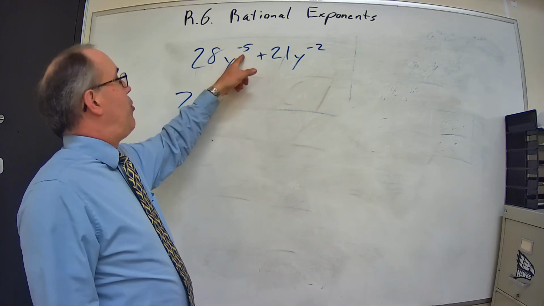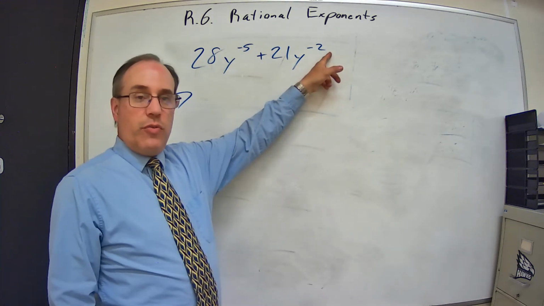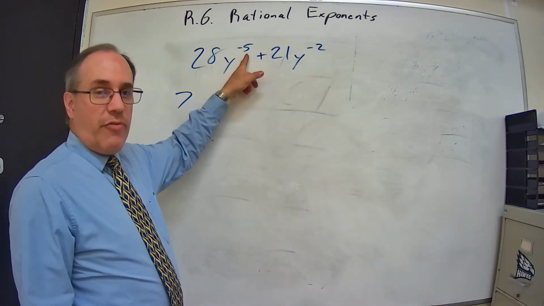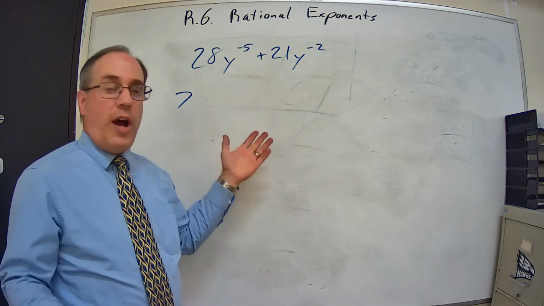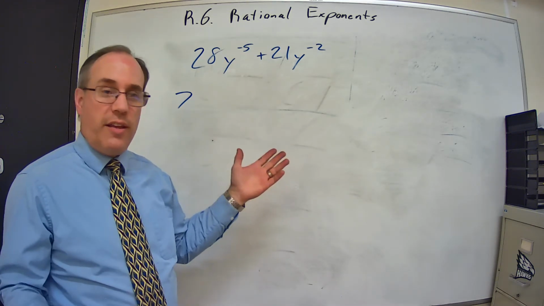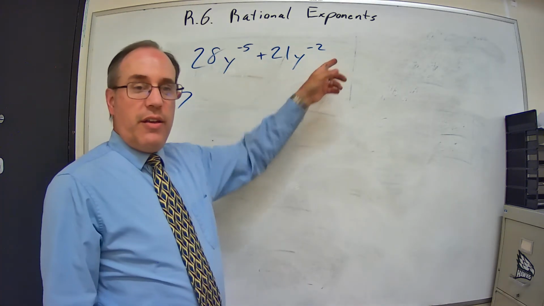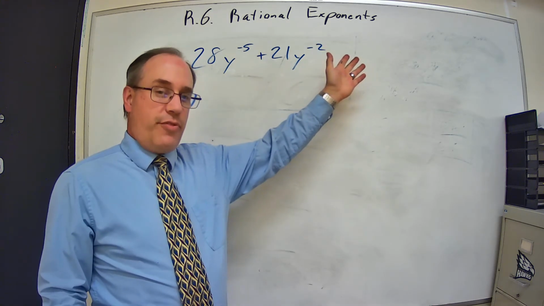I mean, this is y to the negative 5, this is y to the negative 2. If I take out y to the negative 5, then I'm going to be left with y to the 0, right, or 1. If I take out y to the negative 5 here, I'm going to be left with y to the positive 3.